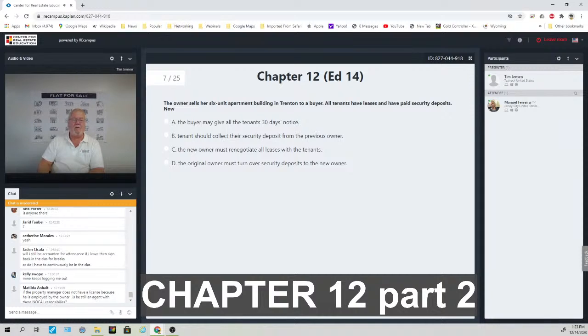All tenants have leases and have paid security deposits. Now, a good 90% of you are correct in answering D. The original owner must turn over the security deposits to the new owner is correct.